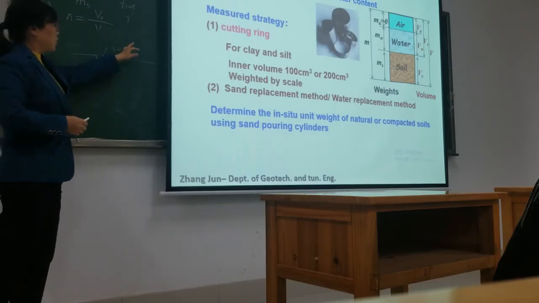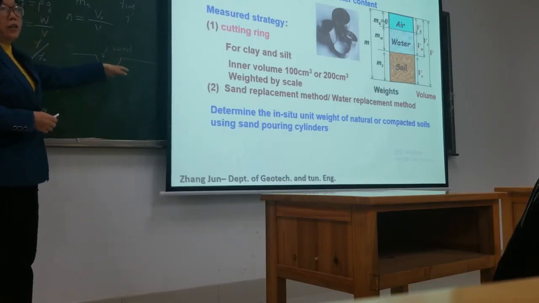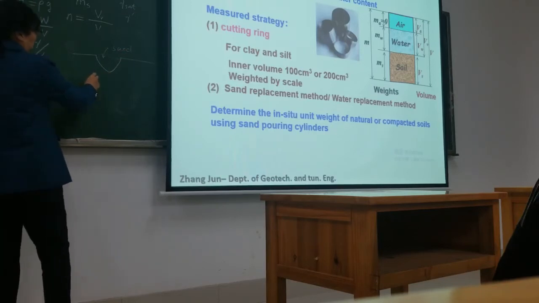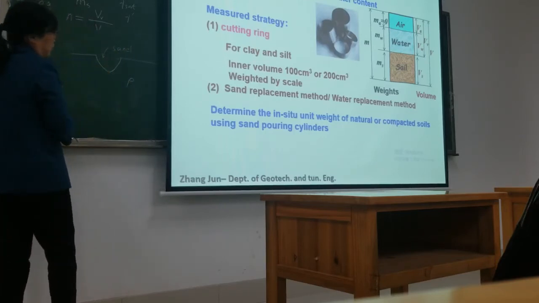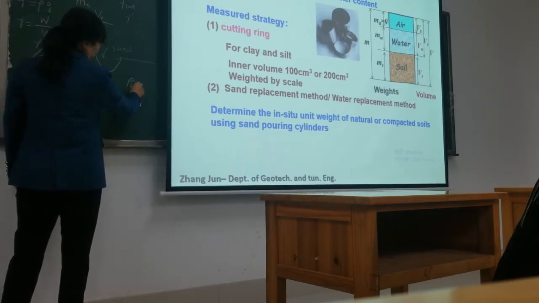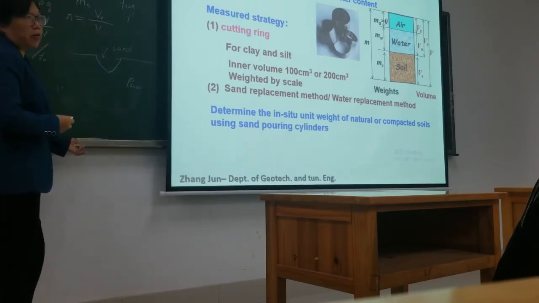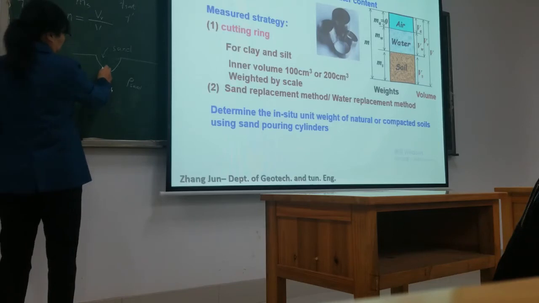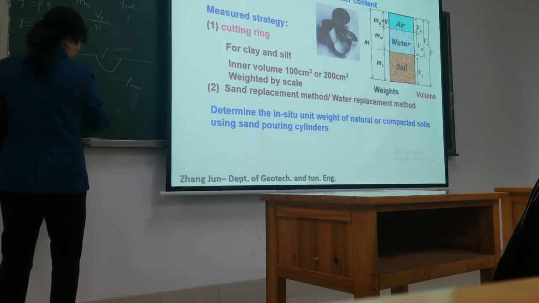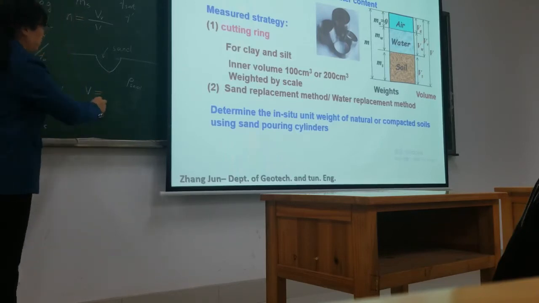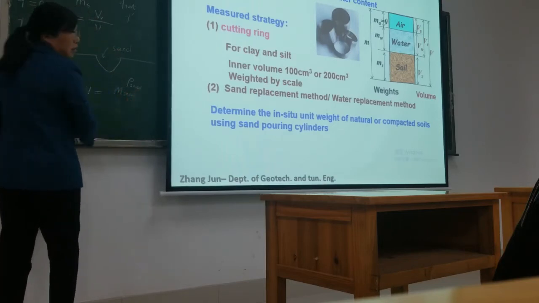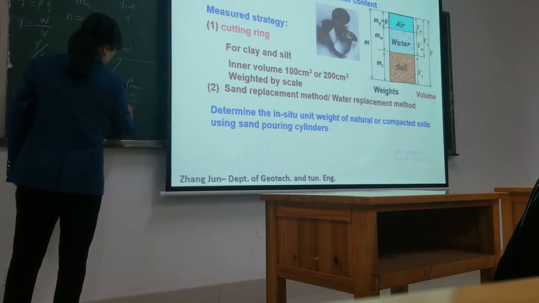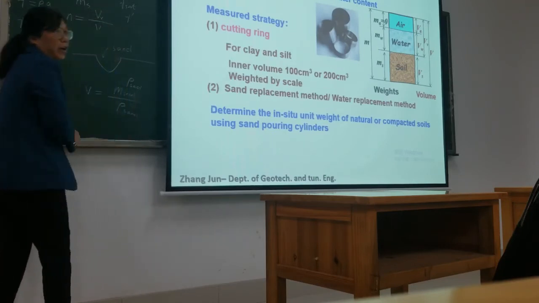So the density of sand is known. So we can write the volume: we use the mass of sand divided by the density of sand.